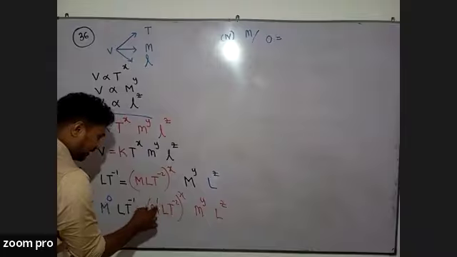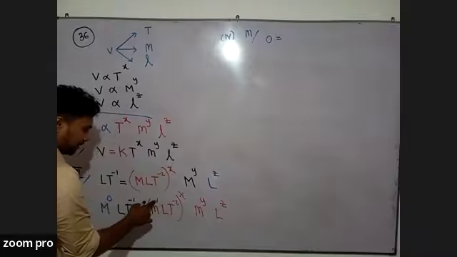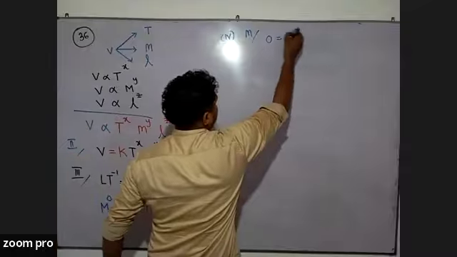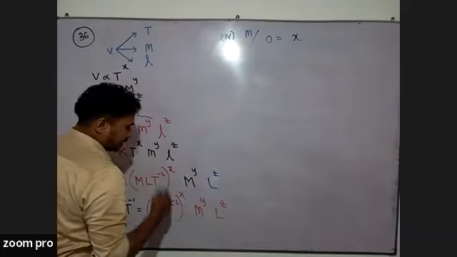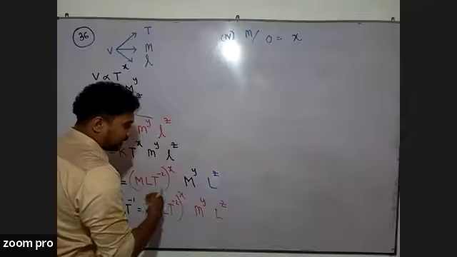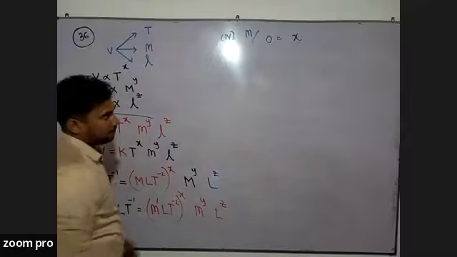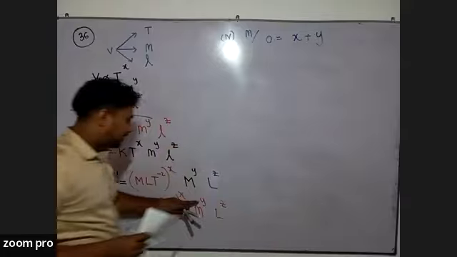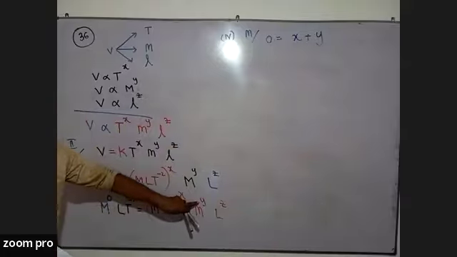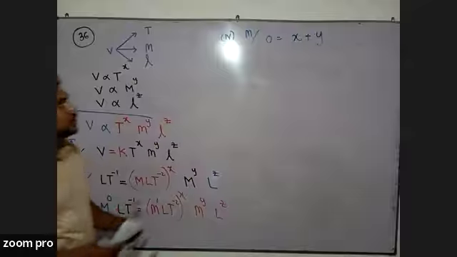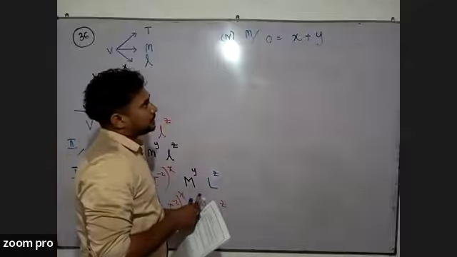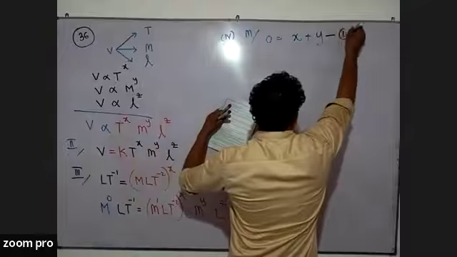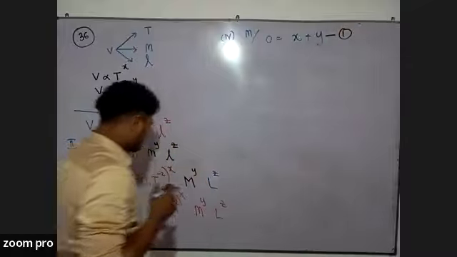This one is M to the power 1, multiplied by x, that is x, and the power of the other M is y, which is considered plus y because it is given as a positive value. So we derive that 0 equals x plus y. Let's consider this as the first simultaneous equation.